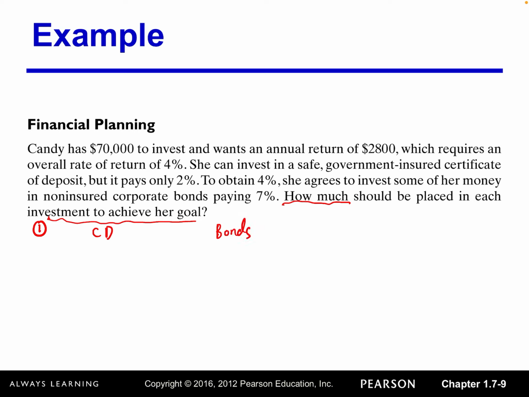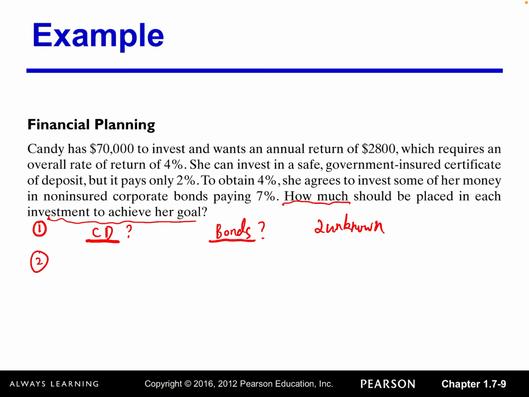So we're looking for how much invested in the CD and how much invested in bonds. So we have two unknown quantities here. Does that make sense to you? That's what we're looking for.